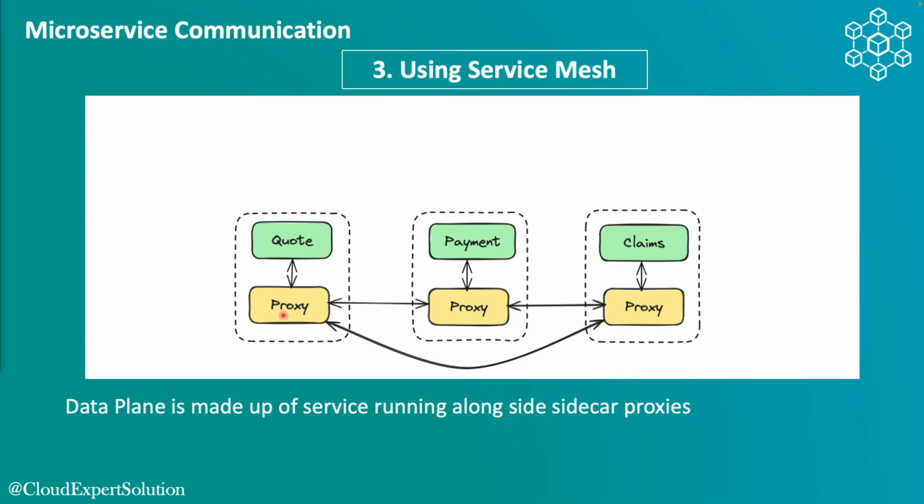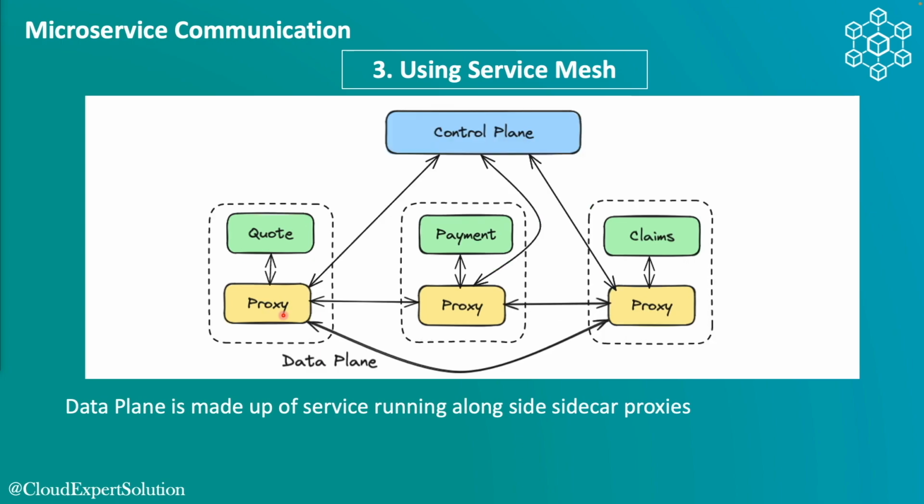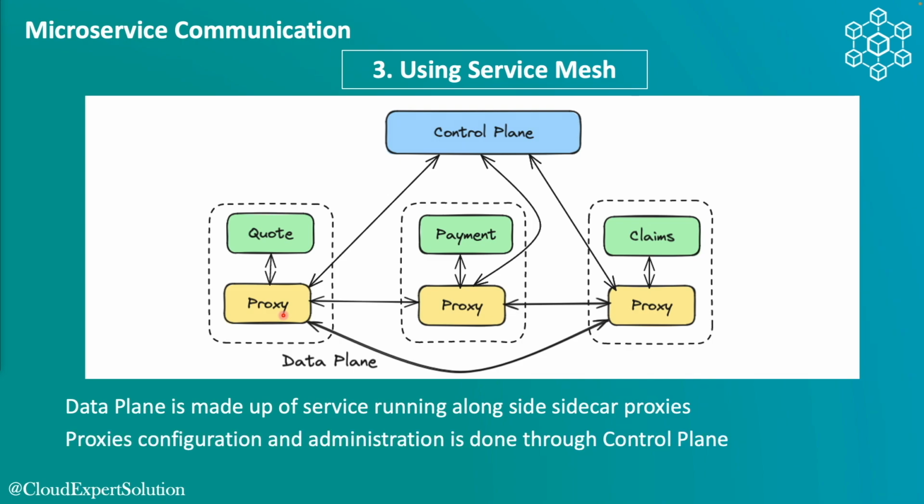So the data plane is made of services running alongside sidecar proxies. Now there is a second component which we call the control plane. Proxy configuration is done through the control plane, which will provide the administrative functionality over the service mesh, and it will provide an interface to configure the behavior of the data plane and for the proxies to coordinate their actions.